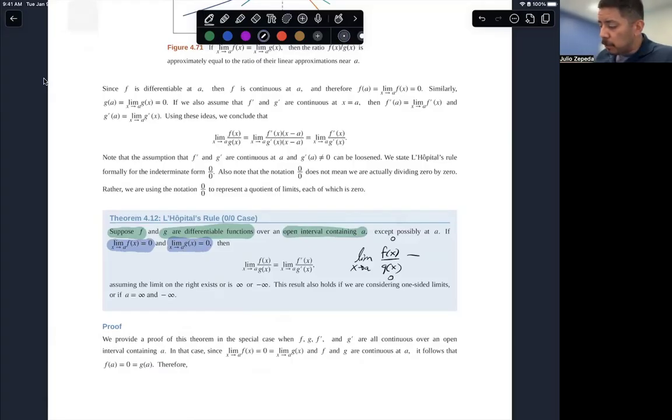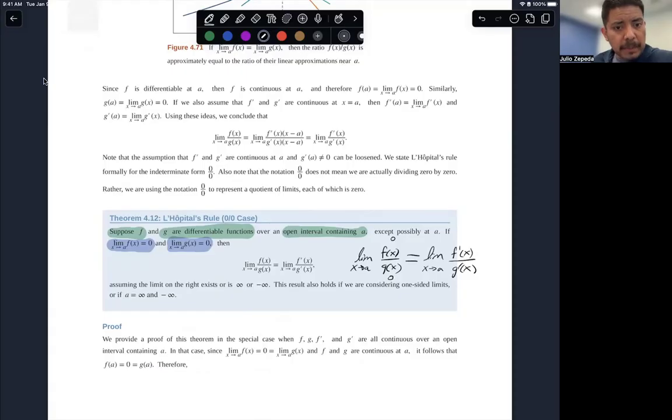But L'Hopital's rule proved that this is equal to the limit as x approaches a of the derivative of f divided by the derivative of g. Okay. And derivatives a lot of times are simpler than the original function. So this can help us to simplify a limit problem.